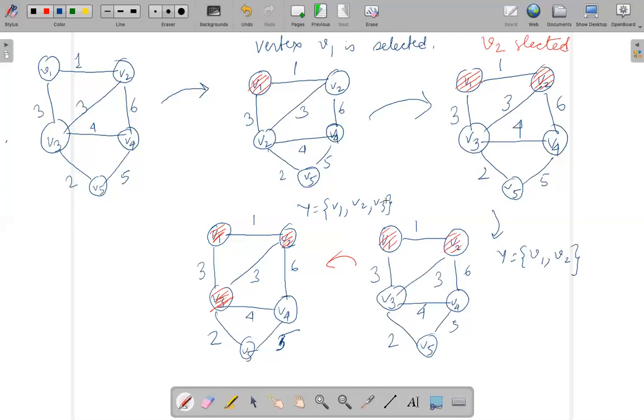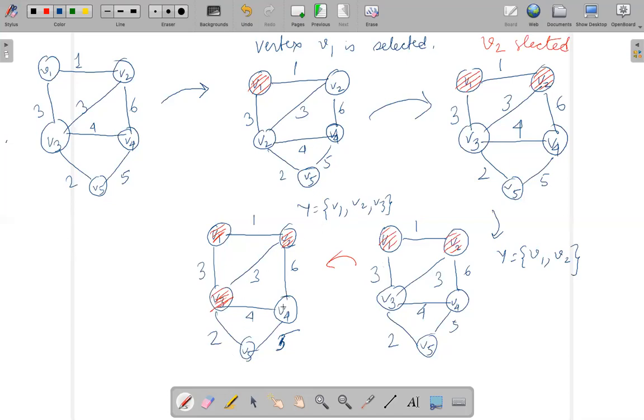Now for V2 we have V2 to V5, and V2 to V4. Out of this, V2 to V5 is the minimum. And for V3 we have V3 to V5 and V3 to V4. Out of this, V3 to V5 is the minimum.